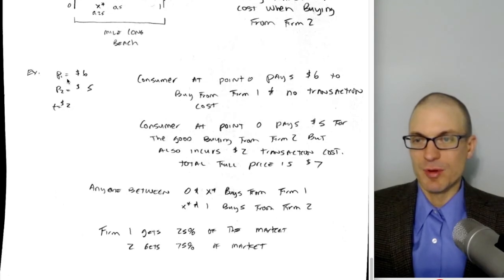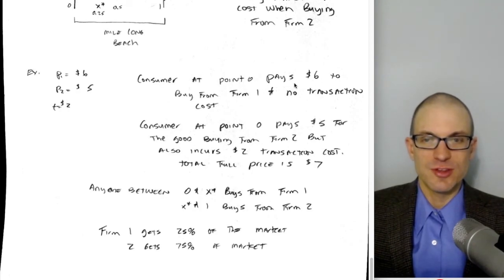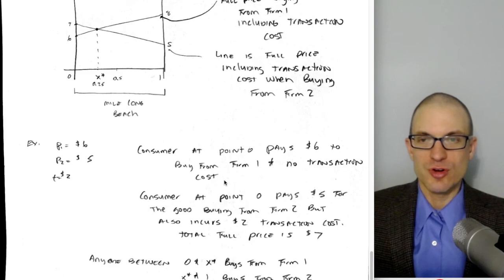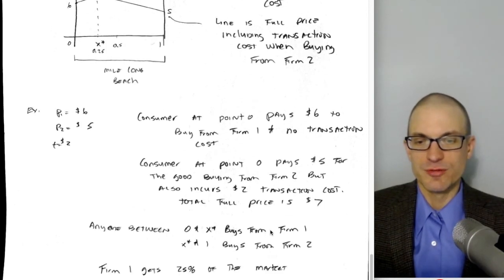Here was the example. So the initial price of the good was $6 for good 1, $5 for firm 2. Transaction cost was 2, and the point is the consumer at point 0 pays $6 to buy from firm 1 with no transaction cost. Consumer at point 0 pays $5 to get the good from firm 2, but also incurs a $2 transaction cost for a full price of 7.